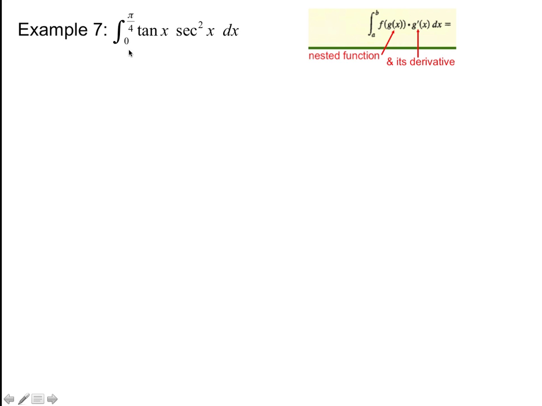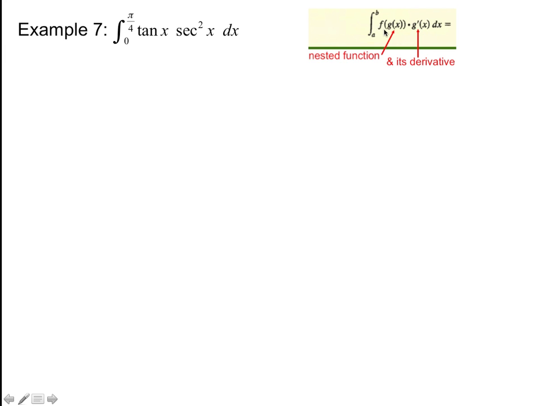So again, with this u sub strategy that we use, we have to look for a function and its derivative, and sometimes they're pretty sneakily hidden. And that gets back into this definition about when we can do a u sub.